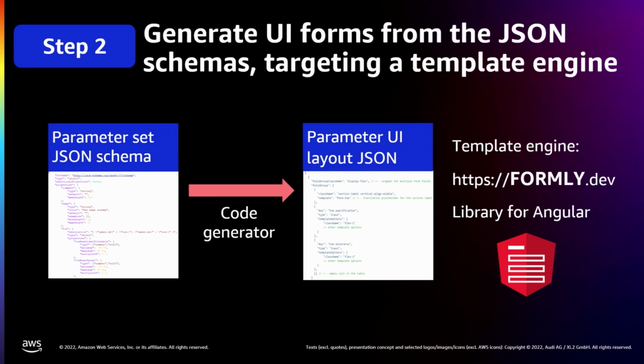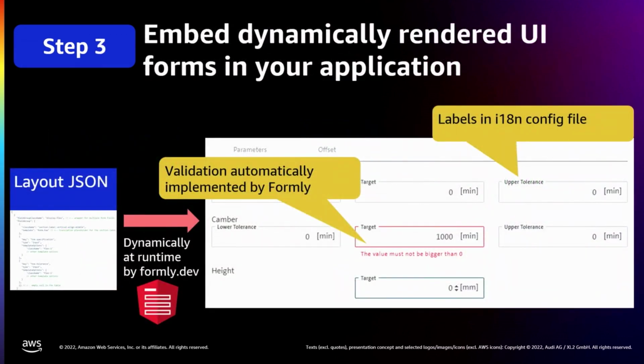So it is a template language, more or less, and it looks very much like the JSON schema. So this code generator took us only a few days to develop. So this is very straightforward. And the benefit you have is, if you have generated this layout JSON, you have dynamically changed your UI without doing any Angular JavaScript programming.